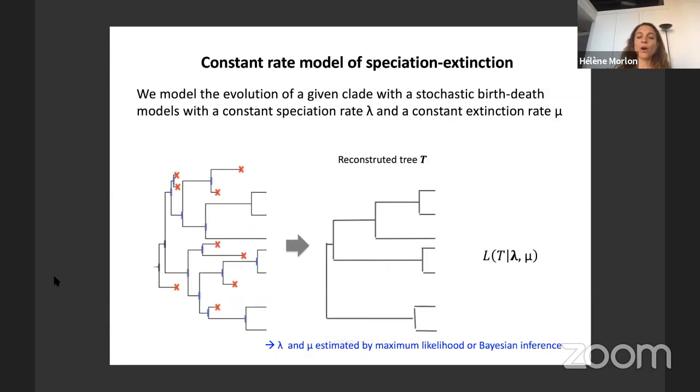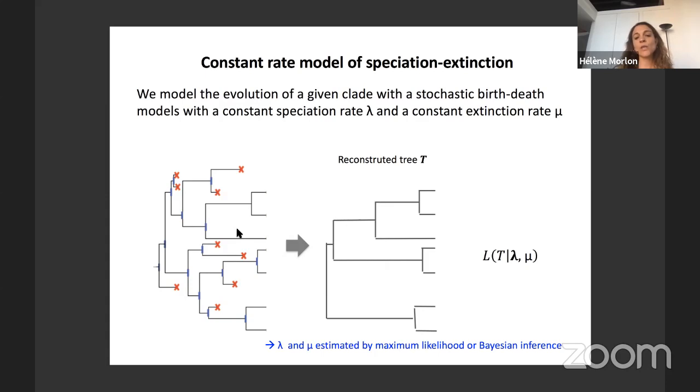For models of diversification, we use stochastic birth-death models, the same type of models that are used in population dynamics, where we have a given birth rate, which here is interpreted as the speciation rate, and a death rate, which is interpreted as the extinction rate.